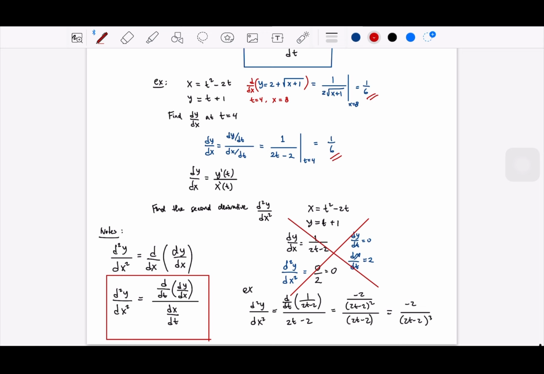Here you got dx squared. Why not? The second derivative. It's just the way we write it in terms of t for the second derivative. It's read as the second derivative, not as a square. It's just the symbols. Now if you get confused, maybe just write y double prime.